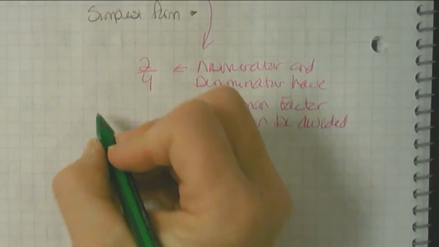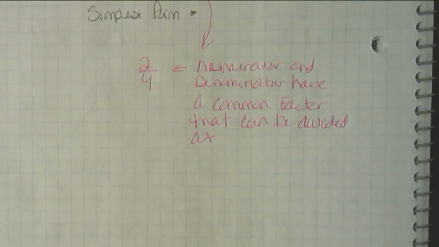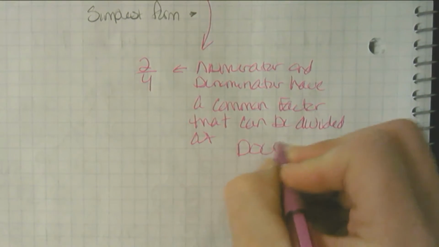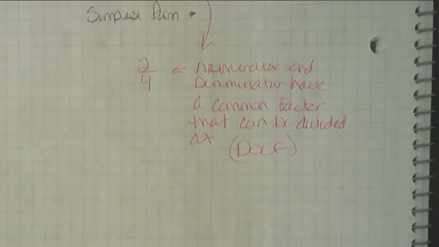All right, so this is where I stray away from my requirement that you show me all your work. I call this dividing out common factors. This is DOCF. I don't require you show me what you're dividing out. I just have you cross it out.